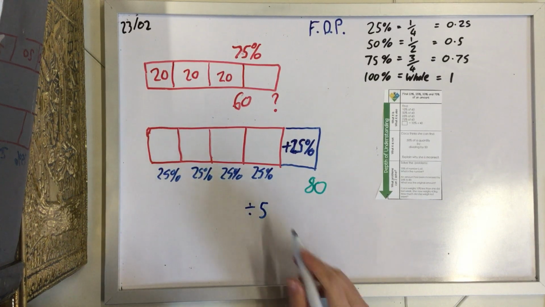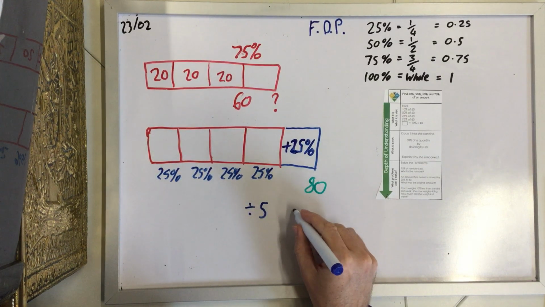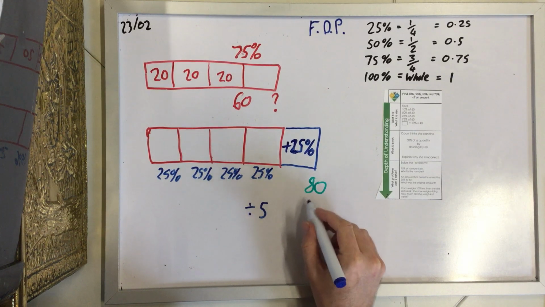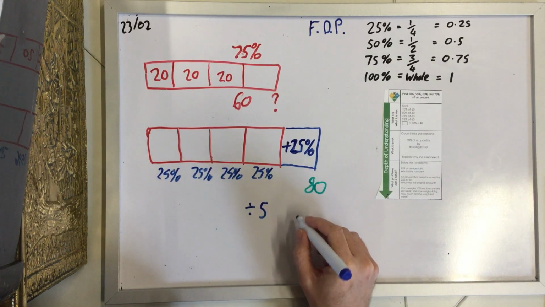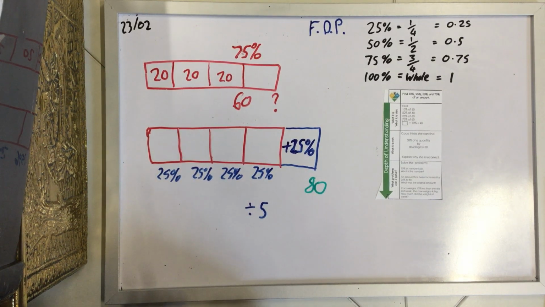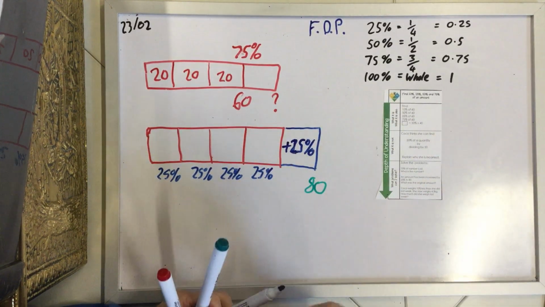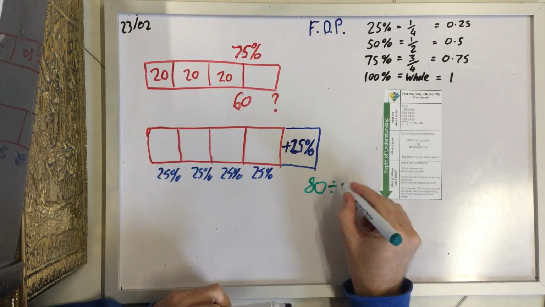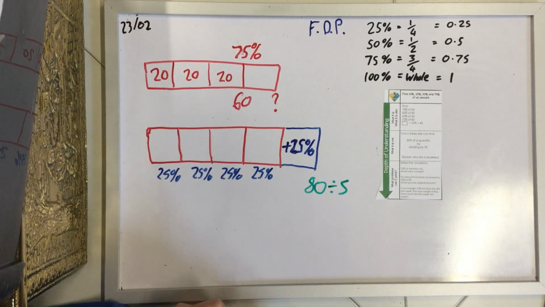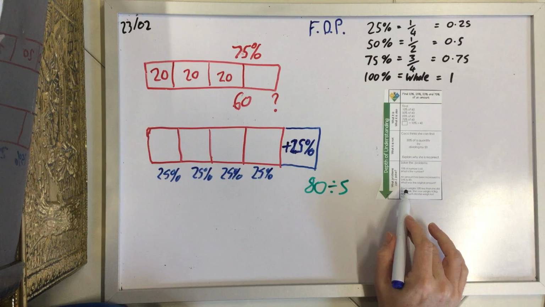Then you can times that amount by 4. So 80 divided by 5, and then times it by 4. Give that a go and check the answers to see how you get on.